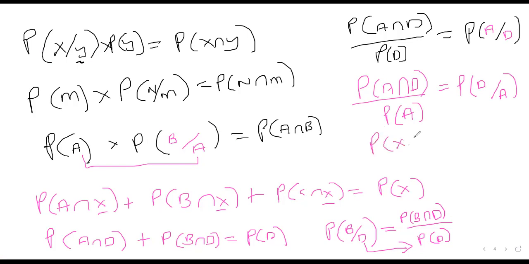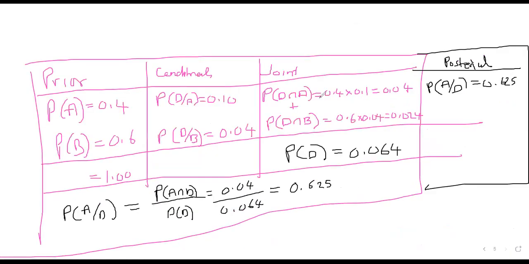So help me. X intersection Y over probability of Y. What do I get? Probability X given what? Y, right? Yes. All right, so I've talked about a lot of things just here.